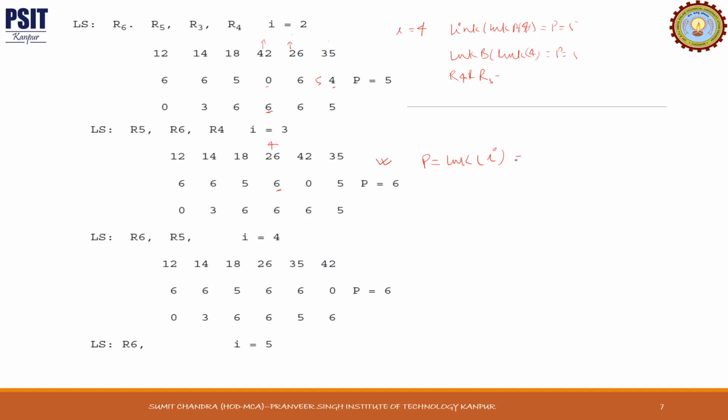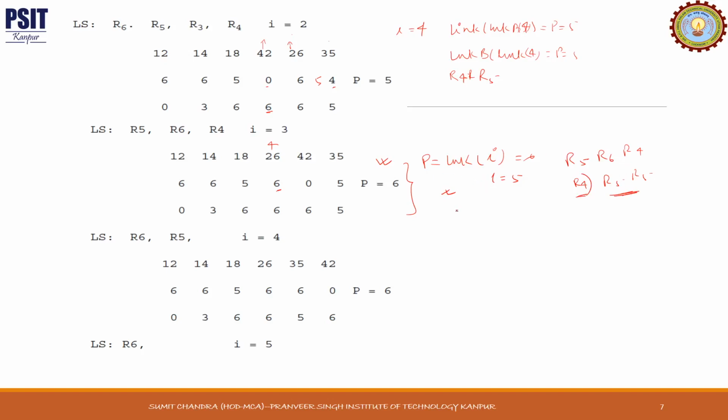So P became 6. Now we are working on this configuration. I is equal to 5 now, and we are left with elements since R5, R6, R4 was the list, and we exchanged R4 and R5. Now since this is trivially sorted, these two elements are left to work with.